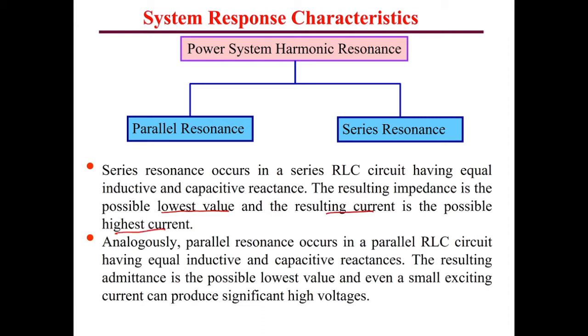Parallel resonance occurs in a parallel RLC circuit having equal inductive and capacitive reactance. The resulting admittance is the lowest value, and even a small exciting current can produce significantly high voltage. Of course the admittance is the lowest, but if you look at the impedance, it will be the highest.